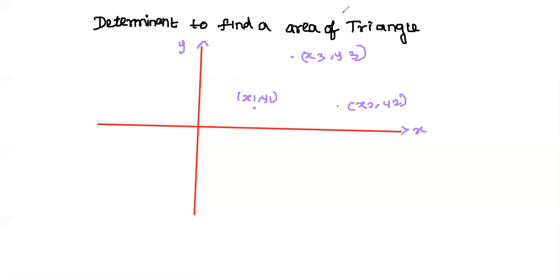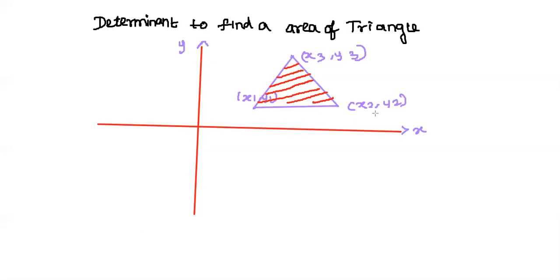So 3 points given in the Cartesian plane. If you join these three, you'll be getting a triangle. So we are going to find this area of the triangle using the determinant.